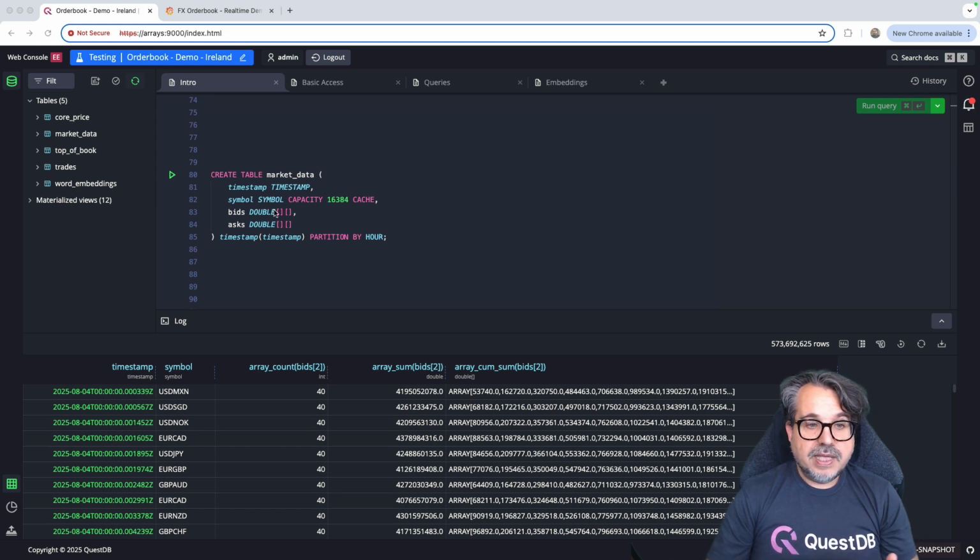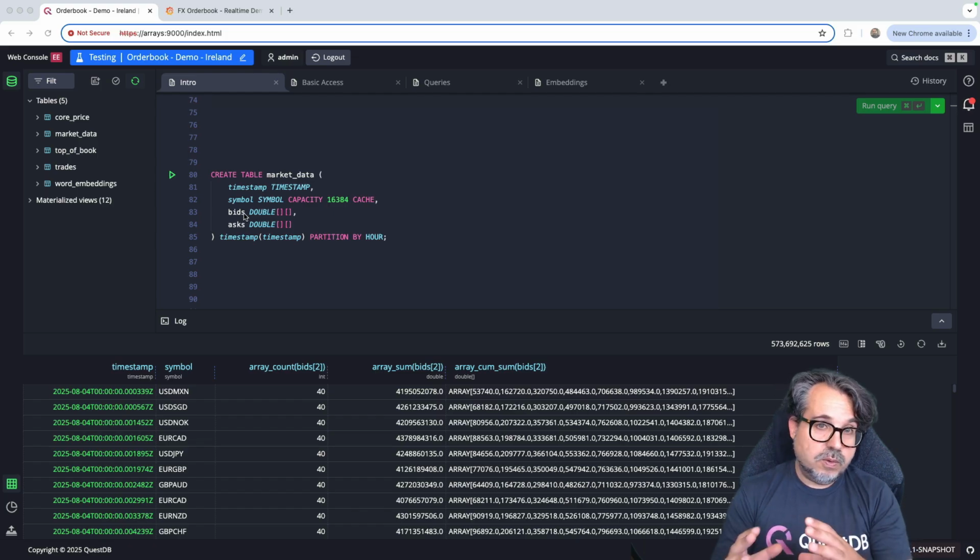In this case, I'm going to be storing in the first dimension, in the first position, the prices. In the second dimension, in the second position, I'm going to be storing the sizes. So when I access bids bracket 1, I mean the prices in this case.